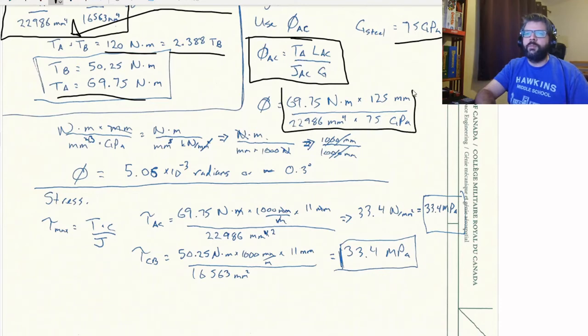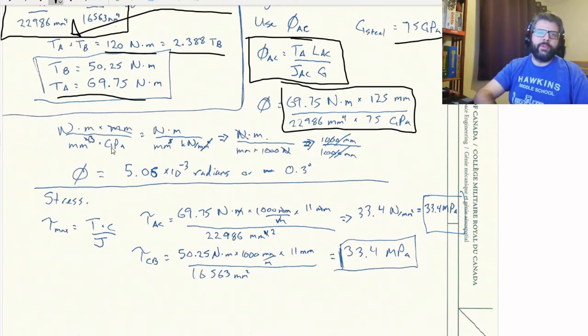Plug in those numbers. And then, of course, we got a bit of a mess with units, so you need to resolve exactly how the units cancel out. You need to do so properly. Don't screw up canceling out your units. So I got Newton meters times a millimeter divided by millimeters to the fourth GPa.